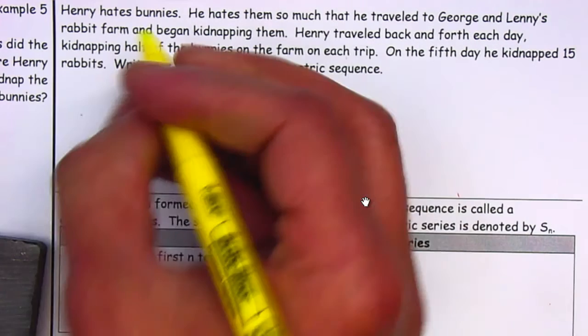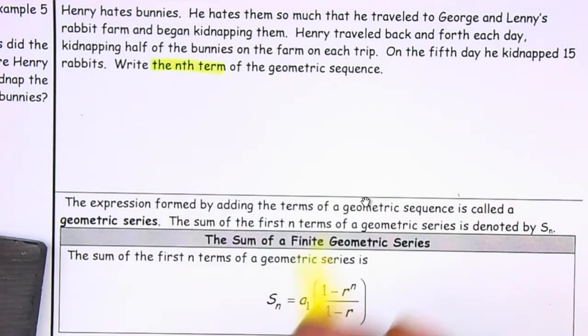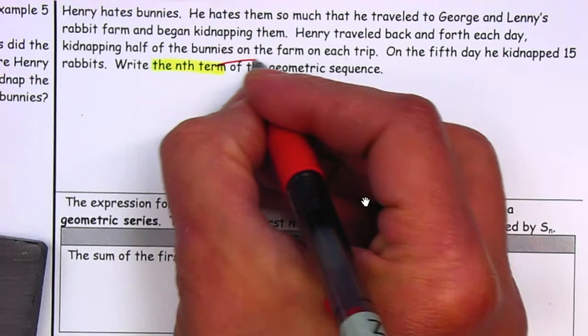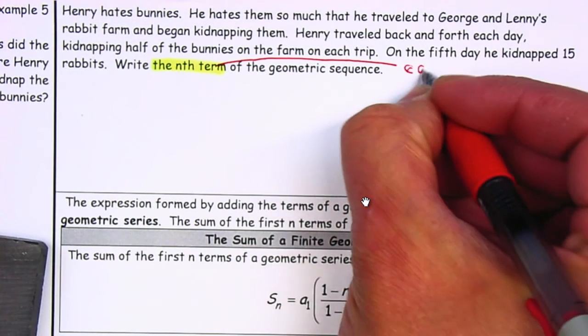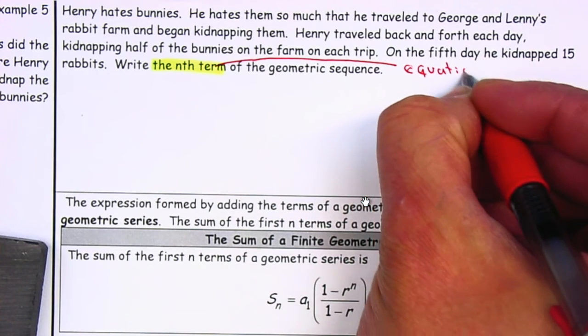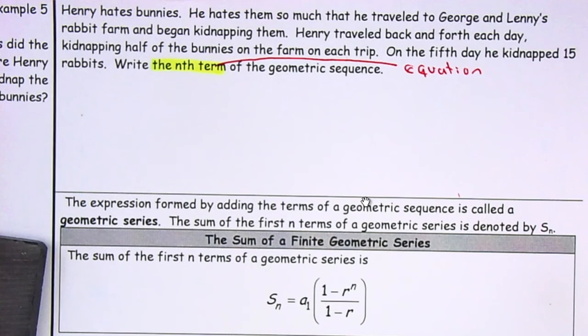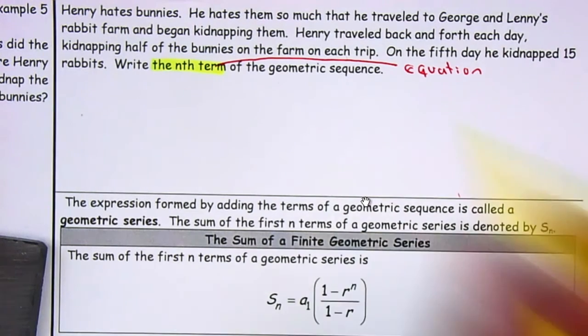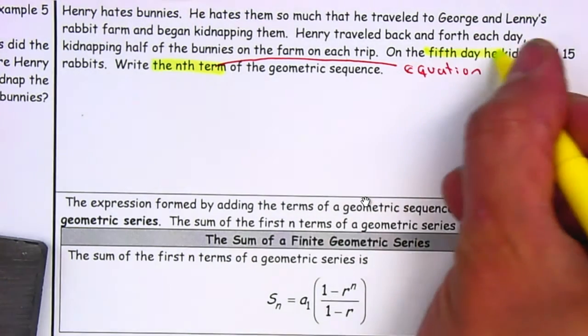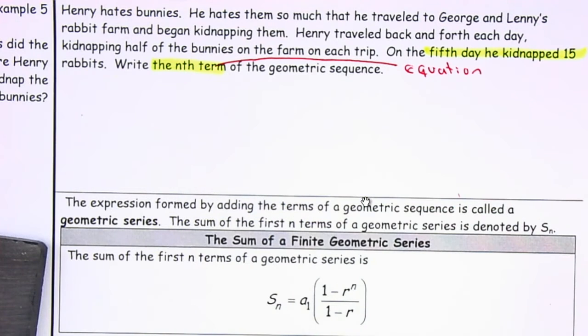So we're looking for the nth term. We're looking for the equation. So we need to see what information they gave us. They tell us that on the 5th day, he kidnapped 15 rabbits. So how can we write it down?